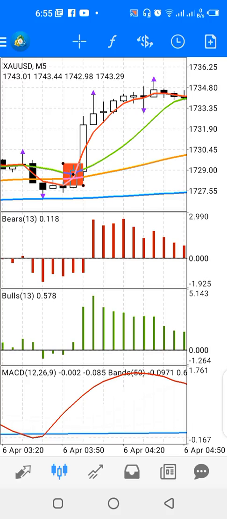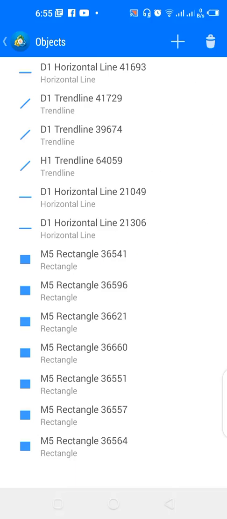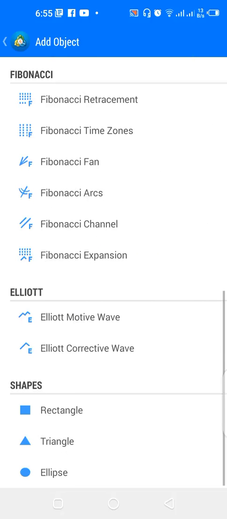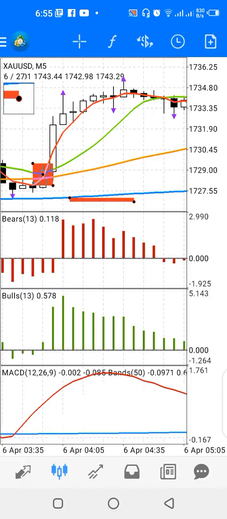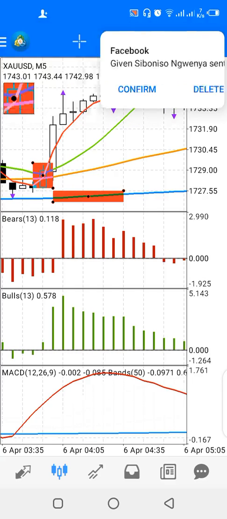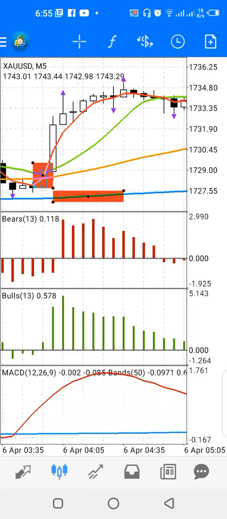Remember, all the lines are above the blue line. This is my blue line. Every other line is above the blue line. So I place my buy entry when price closes above the red line and above other lines.